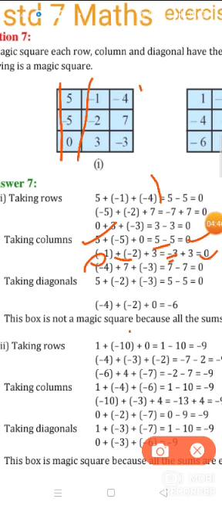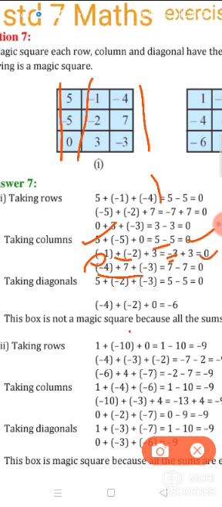Now we are going to see the third column. Here in it, negative 4, 7 and negative 3. So negative 4 plus 7.